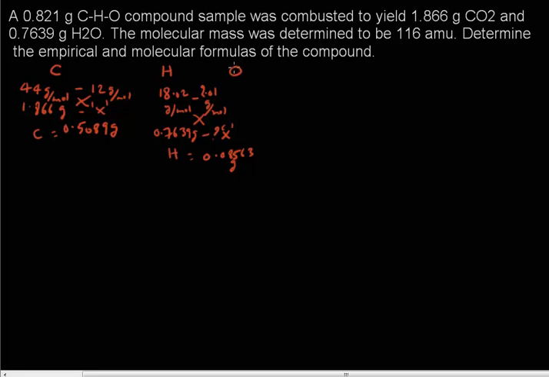Similarly, let me write this here for oxygen. Now, to determine the mass of oxygen, we have to add up the masses of carbon and hydrogen, and subtract that from the total mass of the compound. So the total mass of the compound is 0.821 grams minus the mass of carbon, which is 0.5089 gram, plus the mass of hydrogen, which is 0.08563 grams.